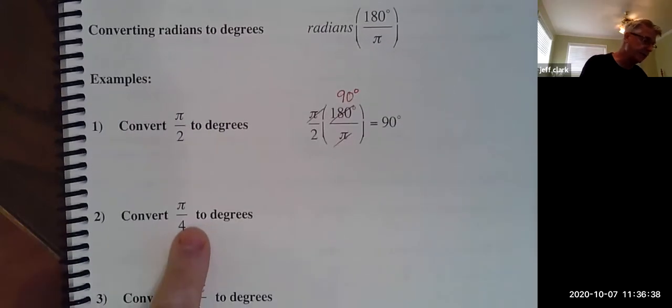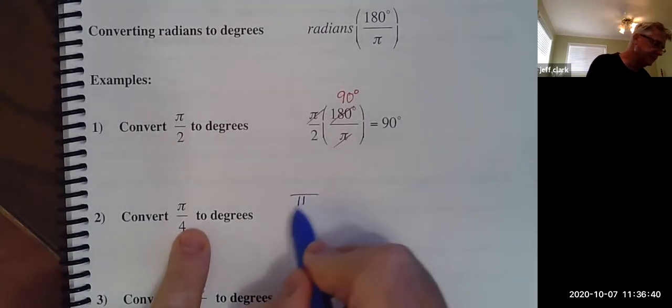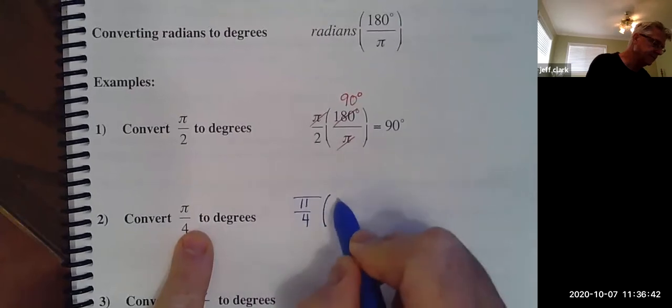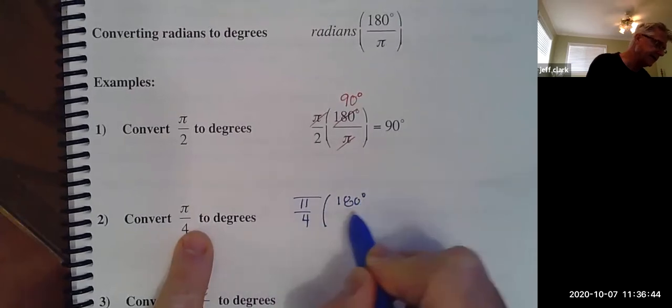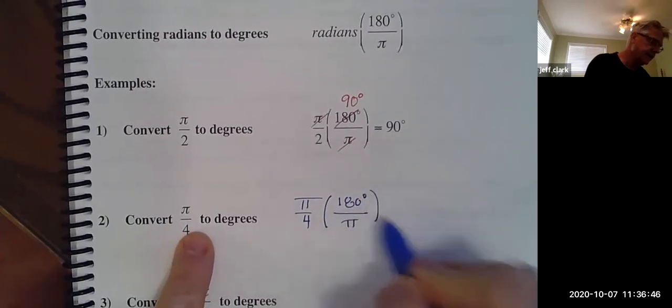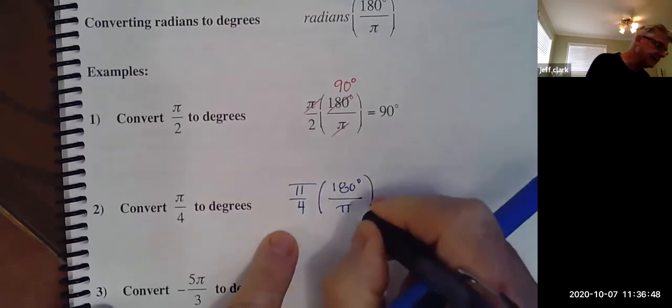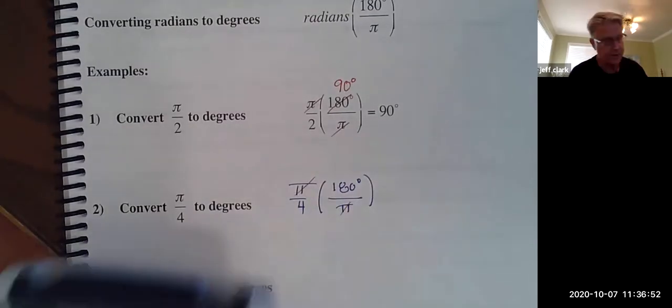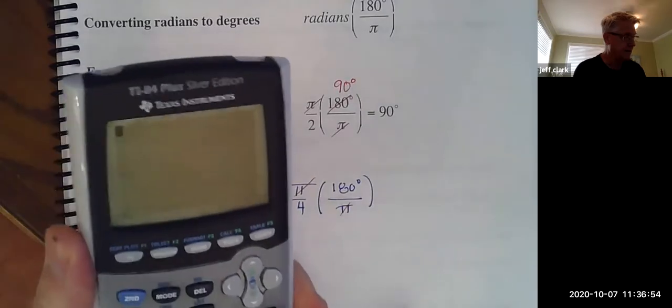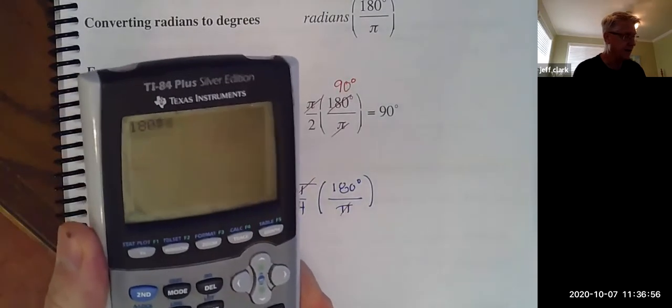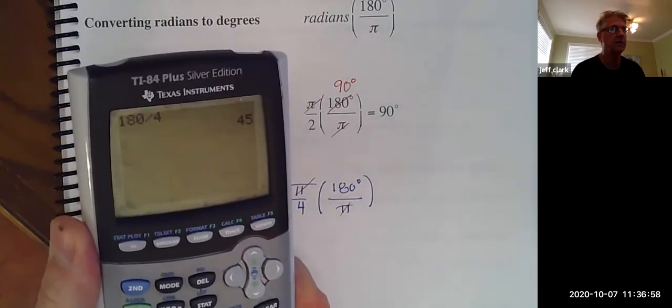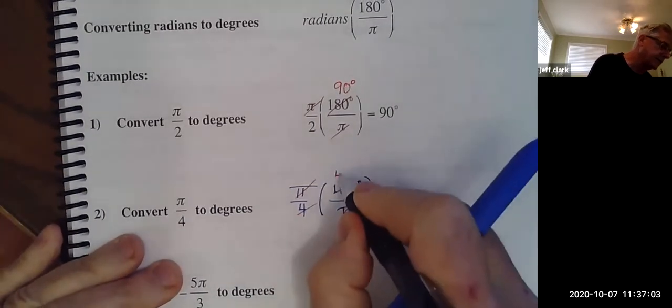Okay, pi over 4. Again, 180 degrees divided by pi. Okay, pi's go away. 4 goes into 180. Well, let's find out. 180 divided by 4, 45. So what's left is 45 degrees.